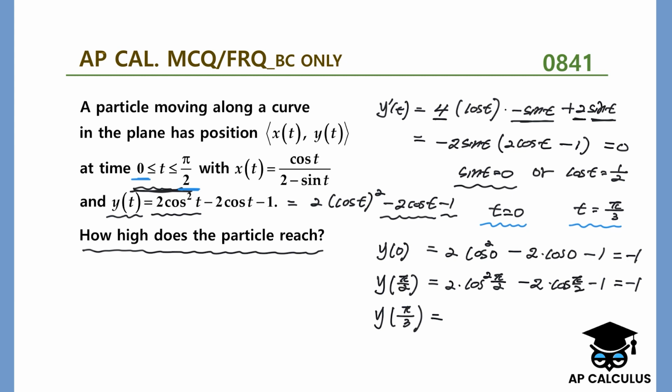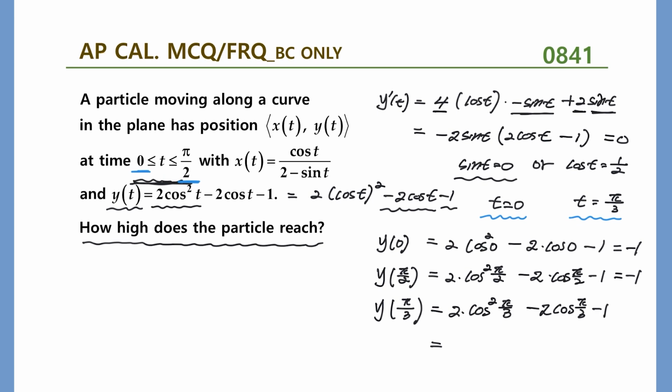Okay, y of pi over 3 is 2 times cosine squared pi over 3 minus 2 times cosine pi over 3 minus 1. Cosine pi over 3 is 1/2. So 2 times 1/2 squared, which is 1/2, minus 2 times 1/2 minus 1. That's 1/2 minus 1 minus 1, which is negative 3 over 2, negative 1.5.